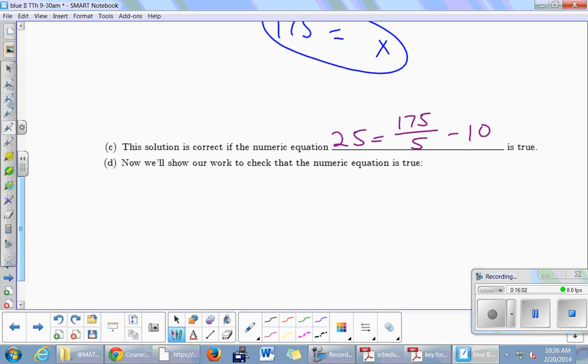And then down here we can show our work. The left-hand side is just 25, so there's nothing to do with it. So I'll just focus on the right-hand side and hope that it becomes 25. So without a calculator, we should be able to do this kind of division. It's 35. And then when you subtract the 10, we get the 25 that we were hoping for.